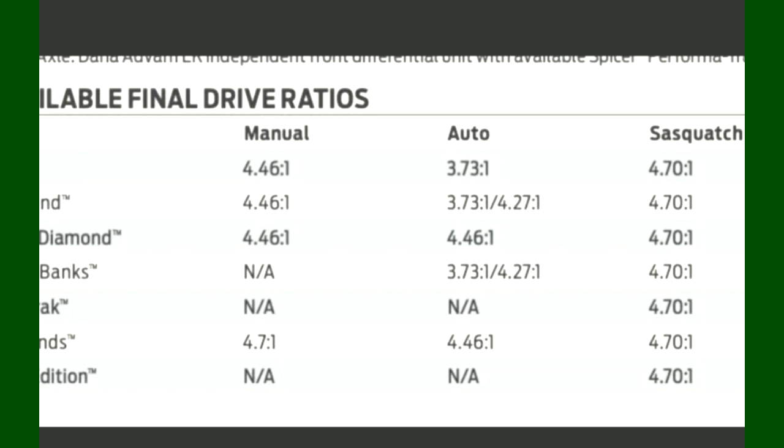And these are the available drive ratios on the Base, Big Bend, Black Diamond, Wildtrak, Badlands, and First Edition. And as you can see, the manual, and then you have the auto, and then you have the Sasquatch package.